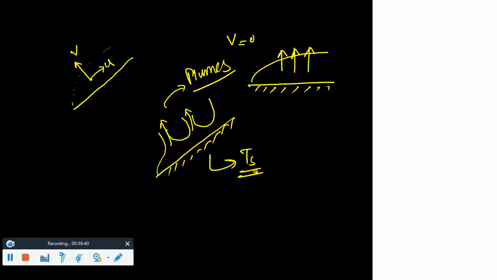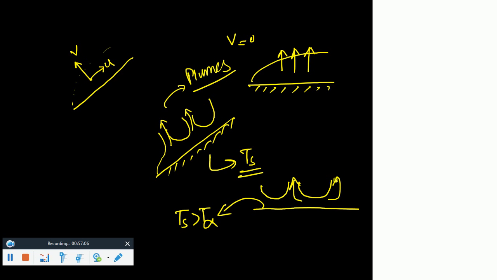Okay, and remember, you would see the same kind of structures for the horizontal plate as well. Just see, if this is the horizontal plate and Ts is much greater than T infinity, instead of having a well-shaped boundary layer, you would see fluid going outside like this, circulating around it, and then going up.